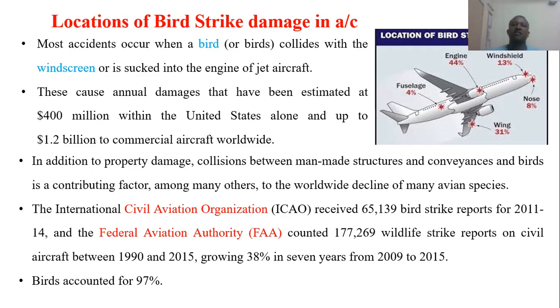The International Civil Aviation Organization, ICAO, received 65,139 bird strike reports for 2011 to 2014. And the Federal Aviation Authority, FAA, counted 177,269 wildlife strike reports on civil aviation between 1992 and 2015.